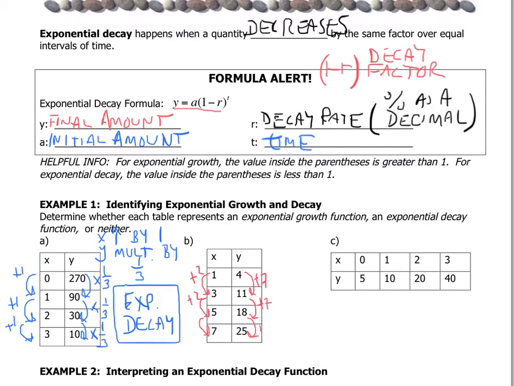We see something that is changing by adding or subtracting for each of the x's and the y's. That brings us back to thinking slope. So this is actually neither exponential growth nor decay. This would be a linear equation. We need to see something that is multiplying on the y's.